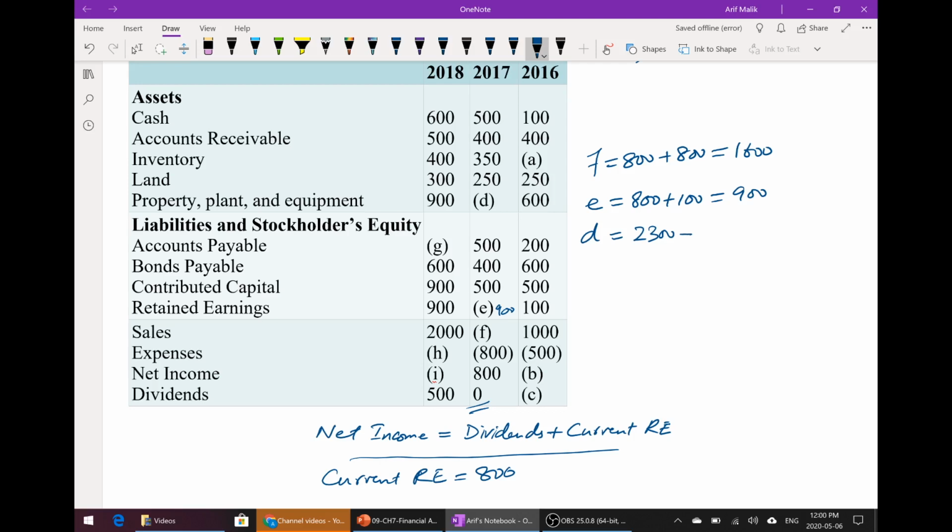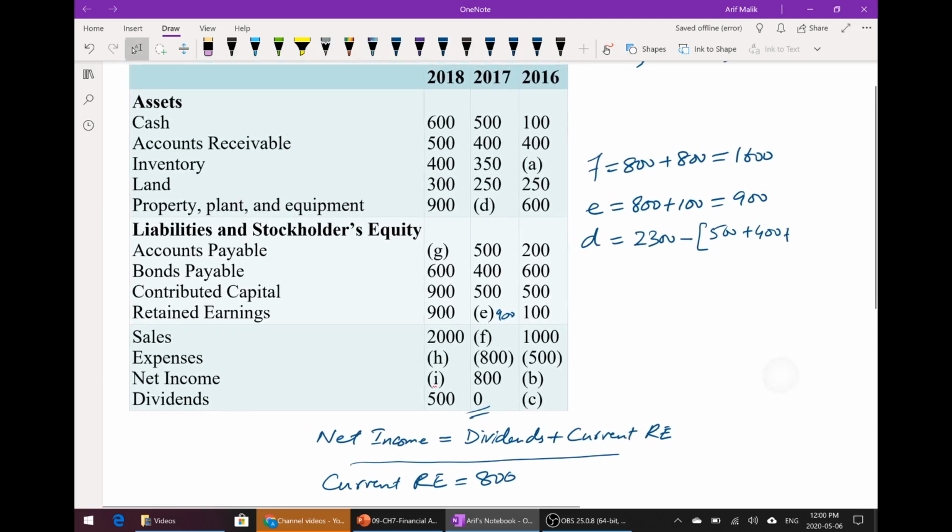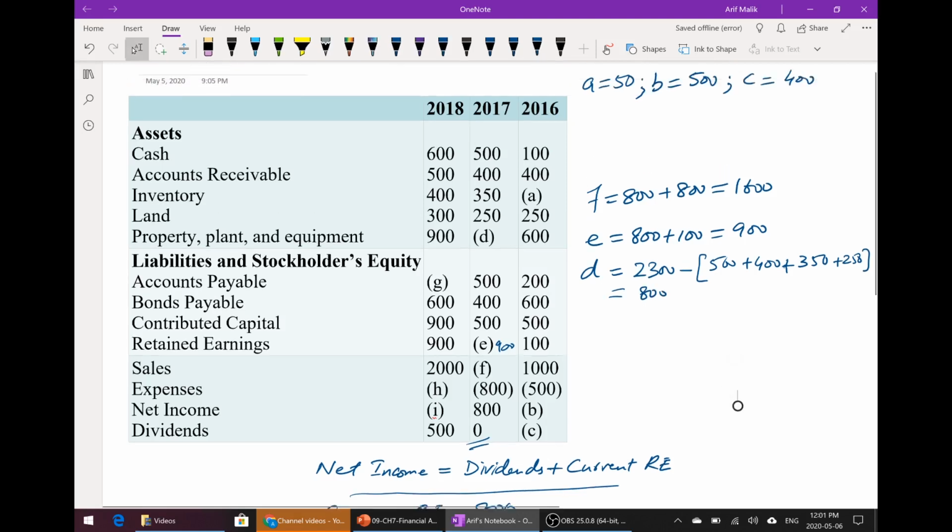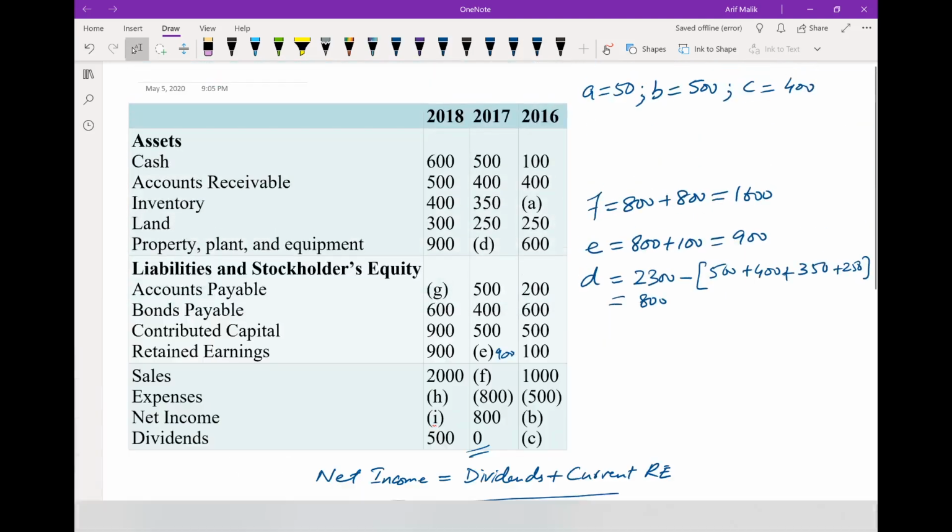So minus these 500 plus 400 plus 350 and plus 250, and what we get is D is equal to 800. Okay, so for 2017 we have worked out all that.